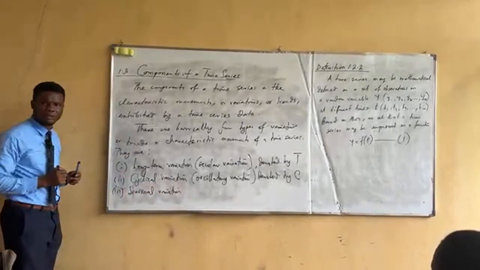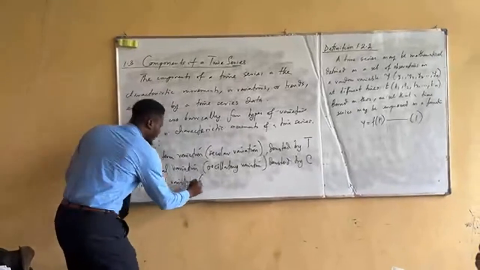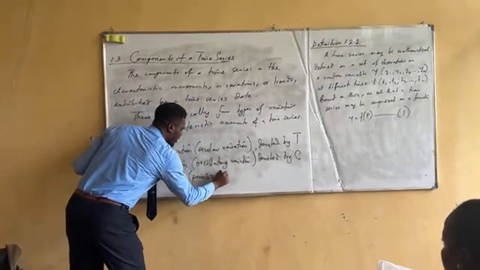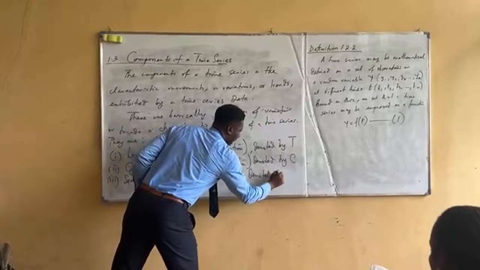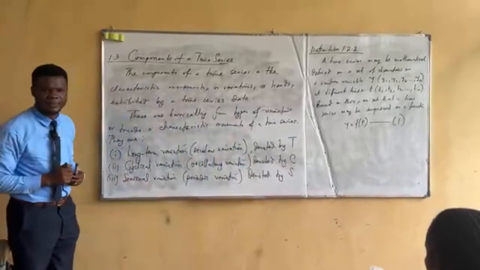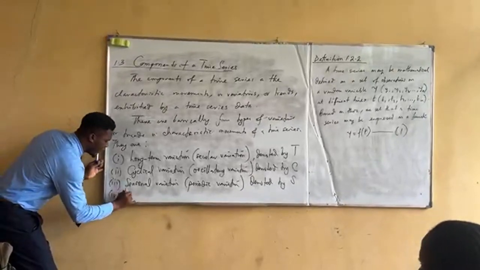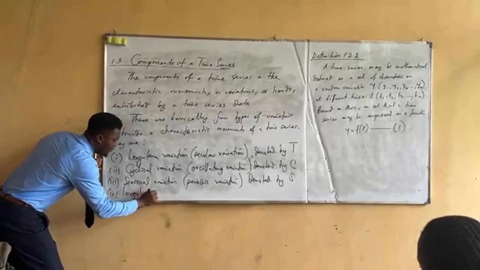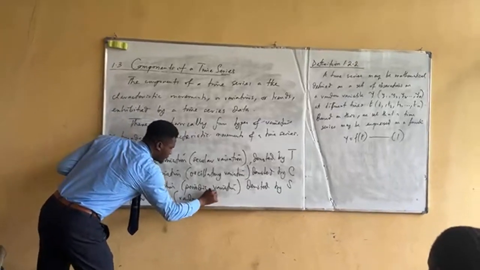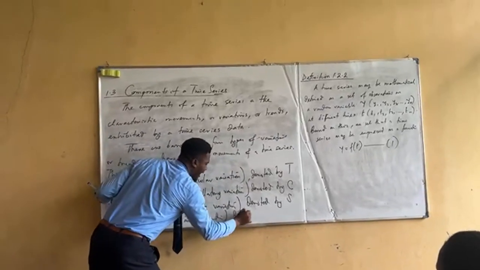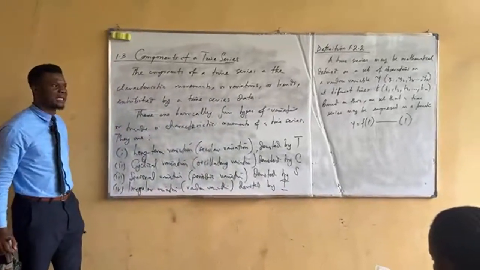This seasonal variation may also be called periodic variation, and it is denoted by S. Then, number 4, we call it irregular variation, also called random variation, and this is denoted by I. Together, they give us the acronym TCSI.